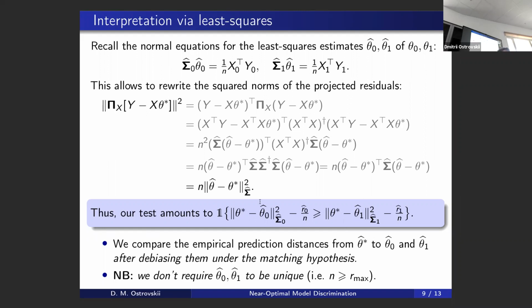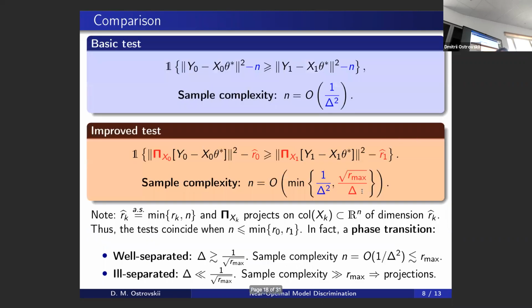And of course, this was deduced after the result was figured out, because essentially we tried to explain to ourselves and the reader what theta 0 hat and theta 1 hat actually are, and how they connect to this procedure. Because the point is that here the sample complexity can totally be smaller than the ranks.